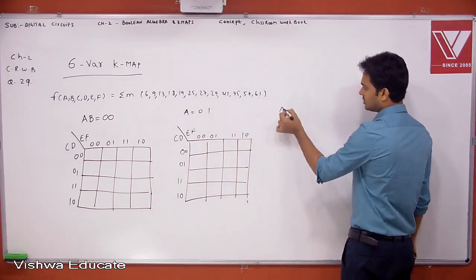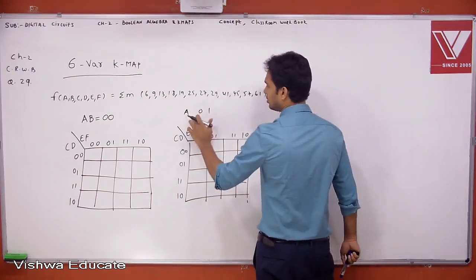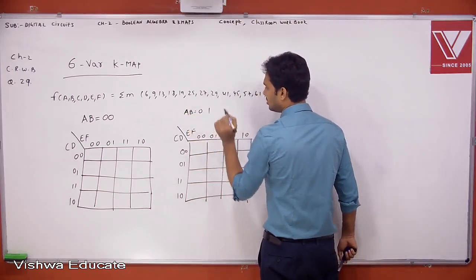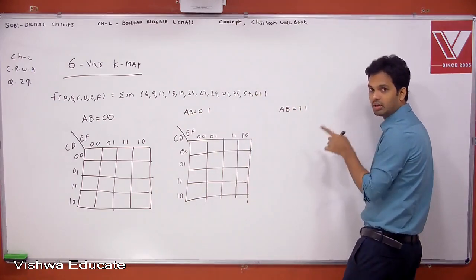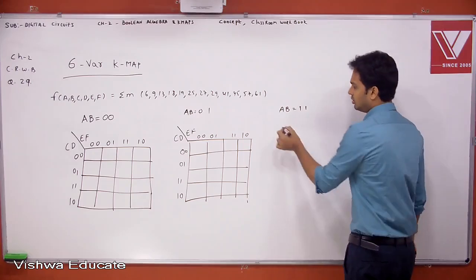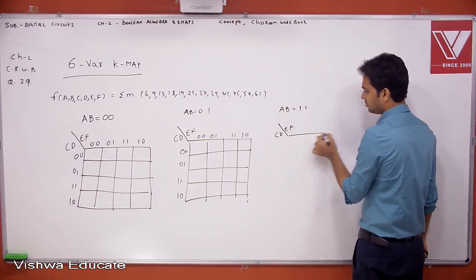Okay. Next, AB, this is AB 0 1. Next AB 1 1, and CD, E, F can be 0 0, 0 1, 1 1, 1 0, in the same order.